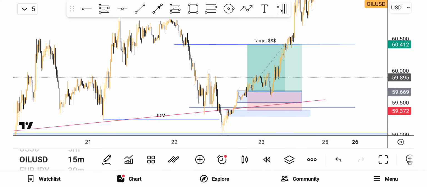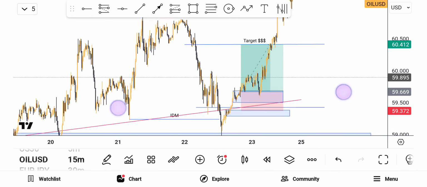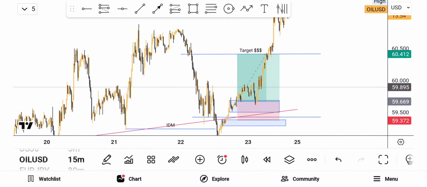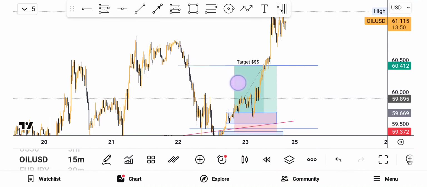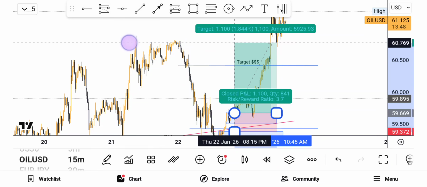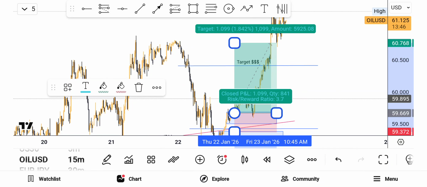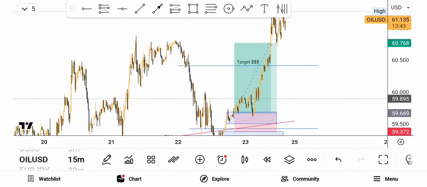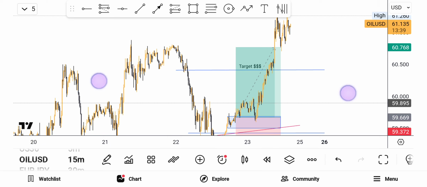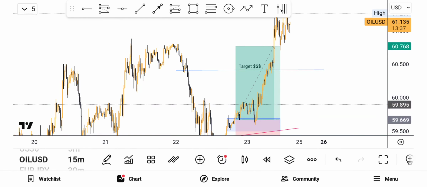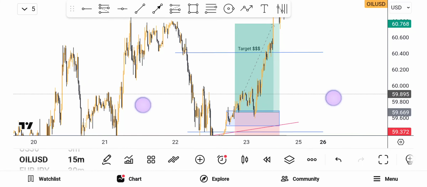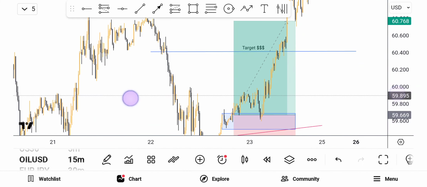Guys, you see back to back wins throughout this week, no loss, back to back wins. I think this strategy has like a 70 to 80% win rate. So this high was my main target. You understand? So very simple. We just keep it simple.